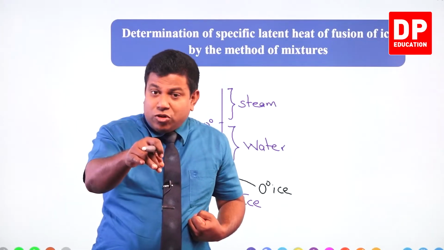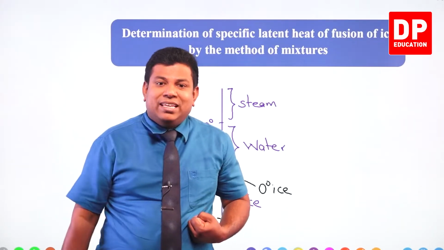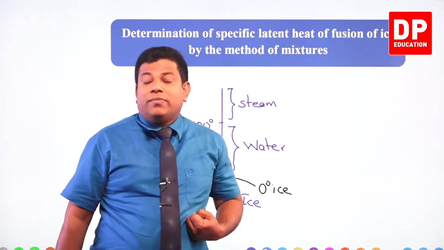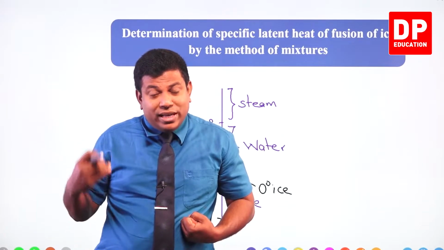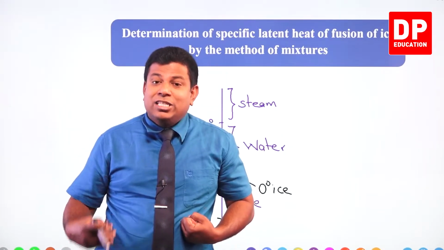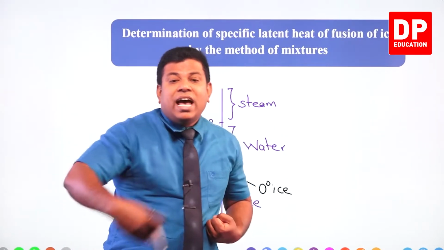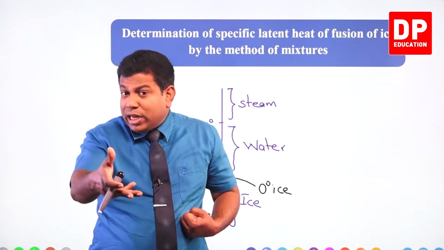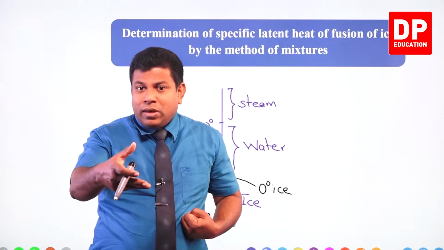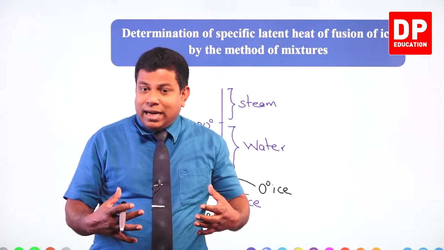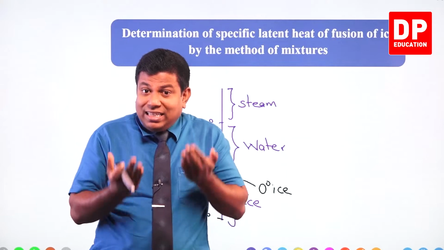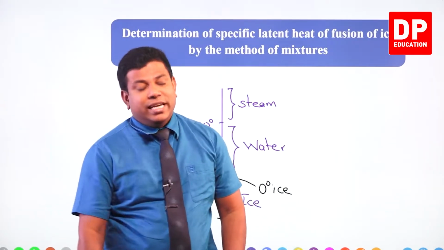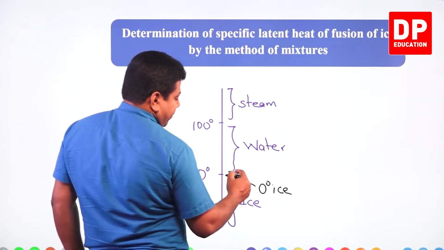What will be the temperature of water initially? 0 degree. 0 degree ice at 0 degree changes into water at 0 degree. Well, but that also requires heat. I gave heat, right? It was consuming heat not to increase the temperature, but just to change the state.